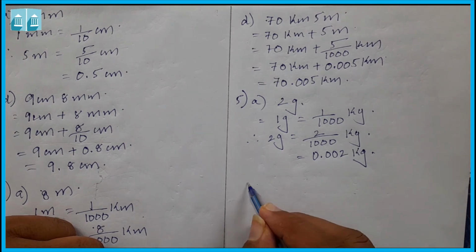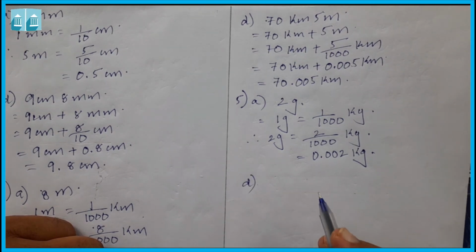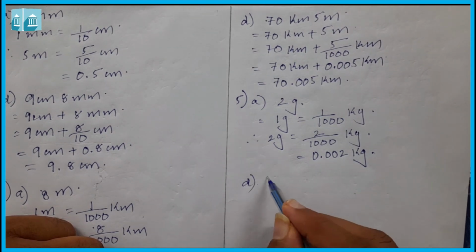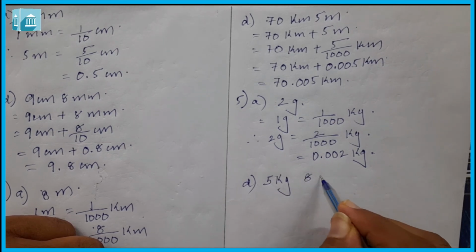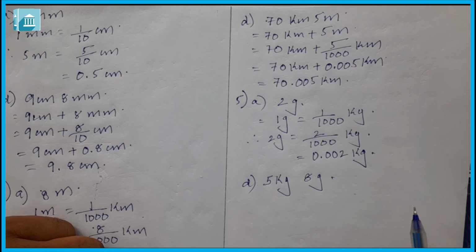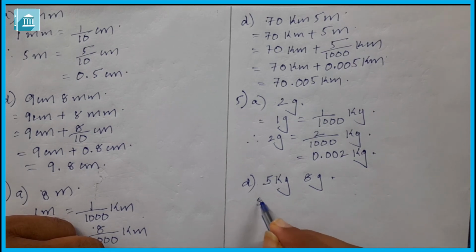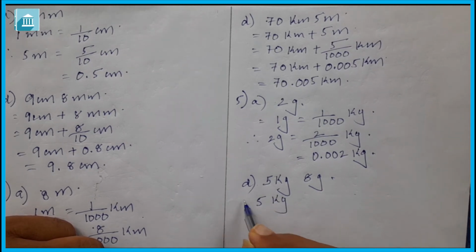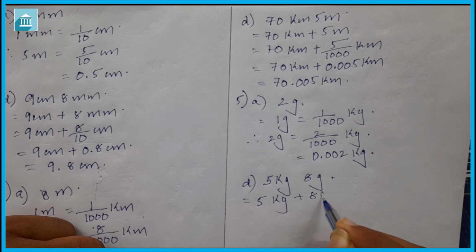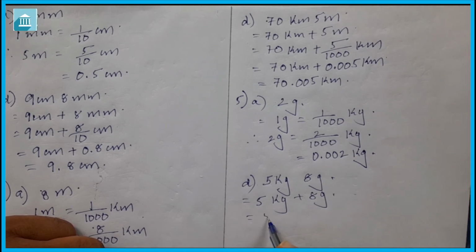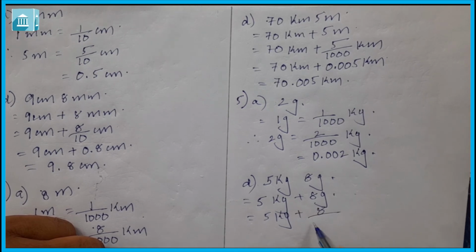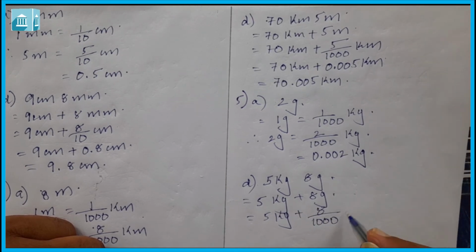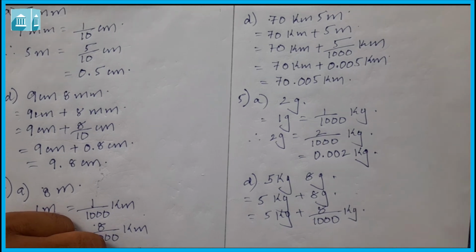Now here also let us do 8.1. 8.1 it is given 5 kg 8 gram. We have to convert this into kg. So it is equal to 5 kg plus 8 gram, which is equal to 5 kg plus 8 upon 1000 kg.